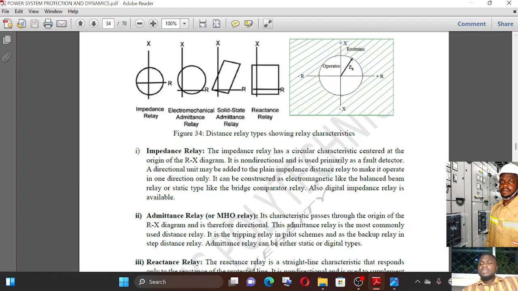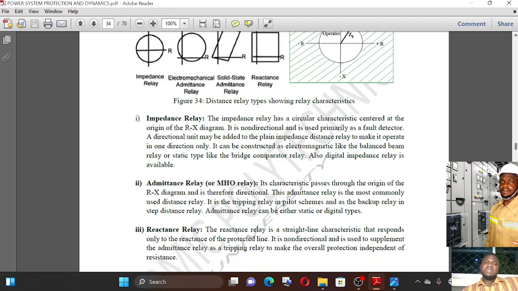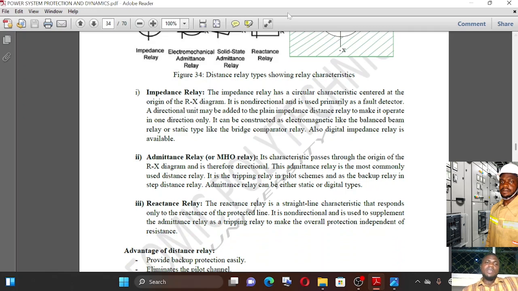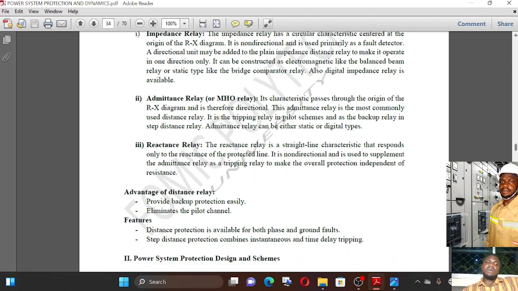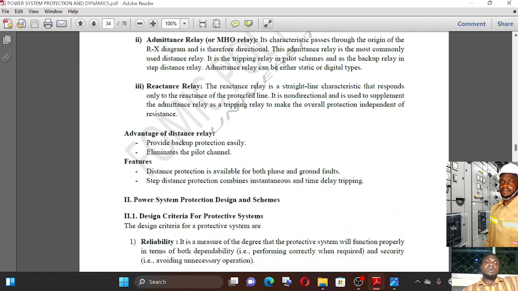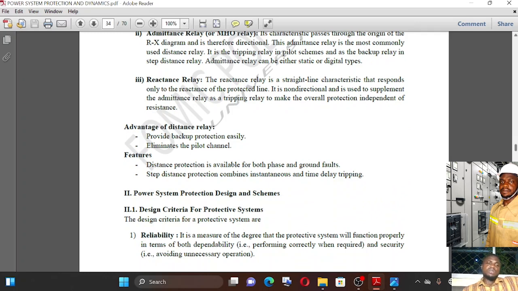Okay, we have different types of distance relays, not only the impedance relay. We have the admittance relay and the reactance relay. They utilize the various parameters of admittance or reactance in order to detect the faults.